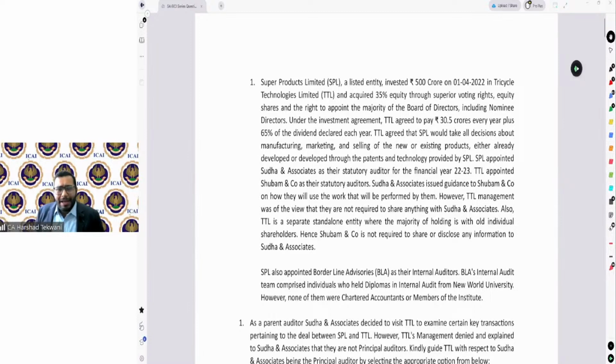Now, the principal auditor has some rights with respect to the evidence or information he would be requiring. We will see in a while what those could be. But the principal auditor can guide the component auditor on how they want the work to be performed.